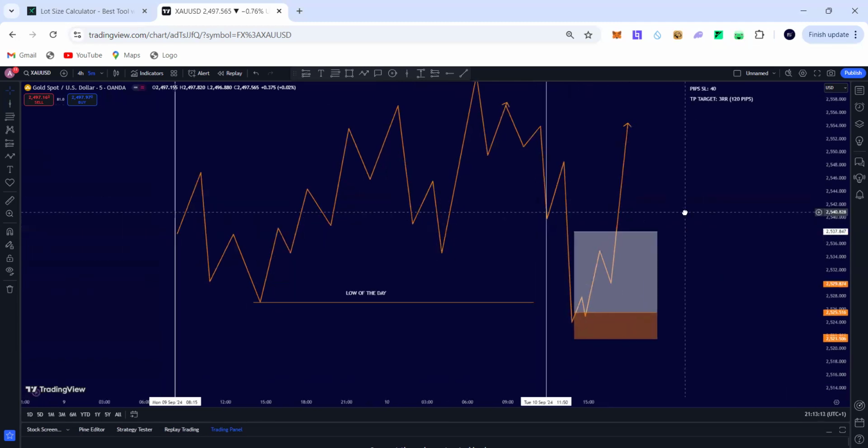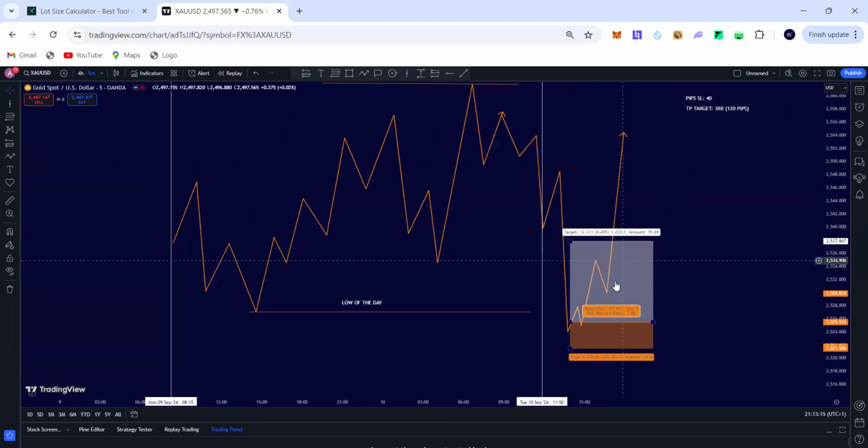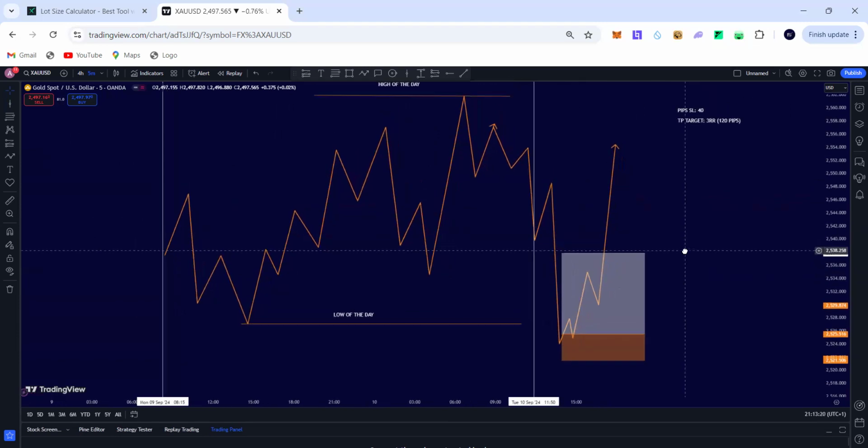This type of trade setup is something you have to enter with instant execution. That's why you need to know your risk management, what you're entering the market with. Trust me, I've already arranged all of these things before making this video for you guys to understand.